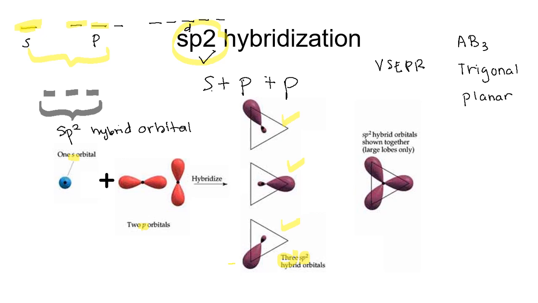Okay, so it means when we have 3 sp2 hybrid orbitals, they will follow the shape of trigonal planar because the electrons will arrange as far as possible to minimize the repulsion. So I will highlight.